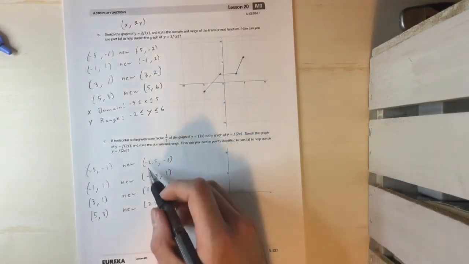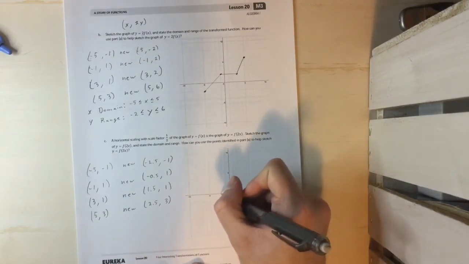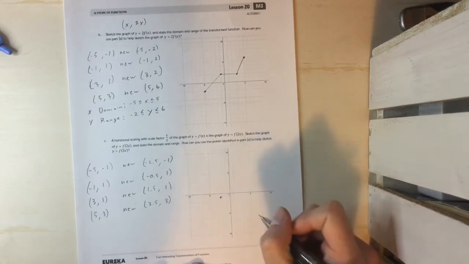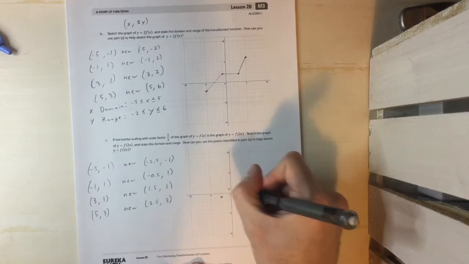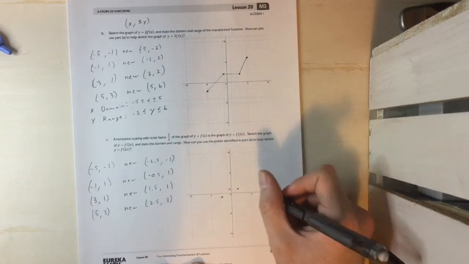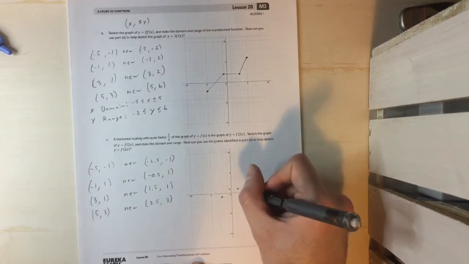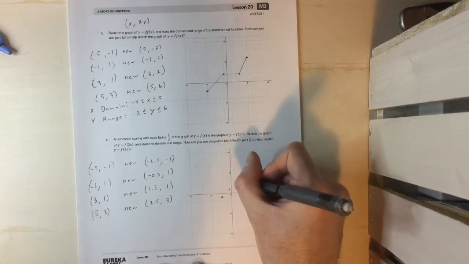When we're graphing this, -2.5, -1, right there. Then we have -0.5, we're going to be at 1. 1.5 is at 1 as well. And 2.5 is at 3, 2.5 right there.